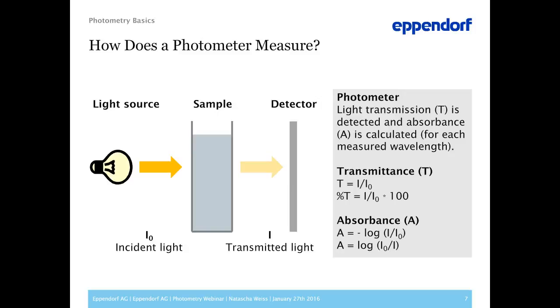The software of the photometer can convert the amount of light that is transmitted into the amount of light that was absorbed by the solution. The underlying formula states that the absorbance corresponds to the negative decadic logarithm of the transmittance.